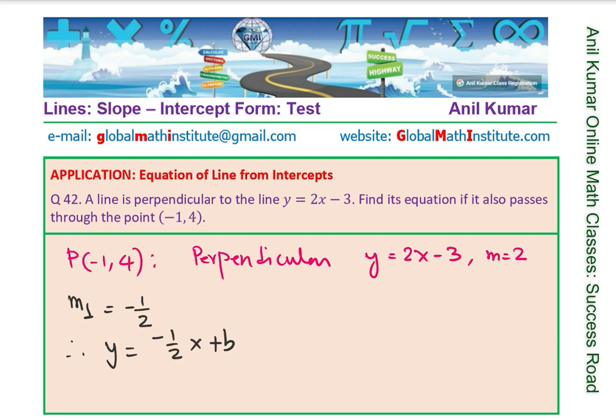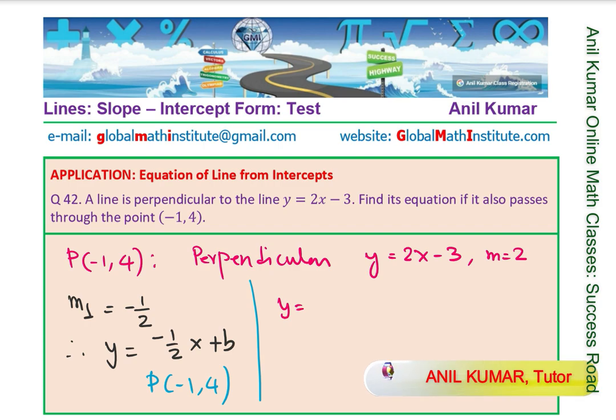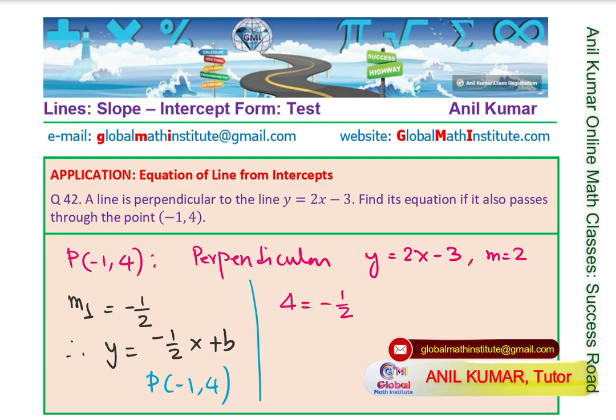Now to find the value of b, we'll substitute (-1, 4), the point given to us, correct? You can always pause the video and answer these questions, correct? So let's do that. So we have y equals 4 itself. Let's calculate what b is, right? So minus half, and the x value is minus 1, plus b, right?